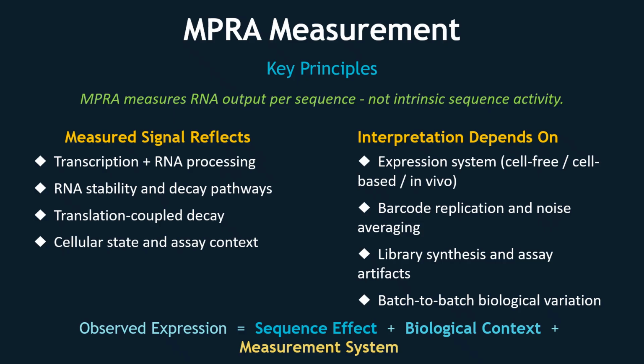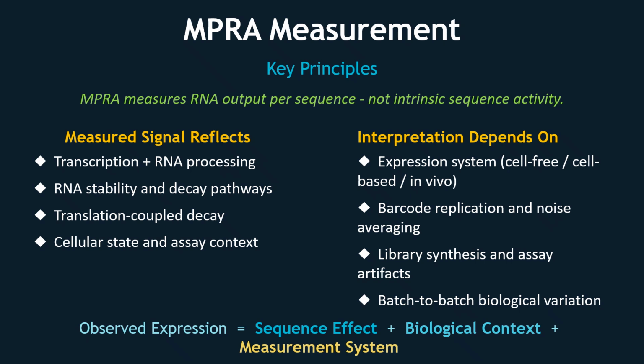So that signal reflects multiple processes acting together: transcription, RNA processing, stability, translation coupled decay. And again, all these are modulated by cellular state and the experimental system you choose. We also discussed that the expression system matters a lot.